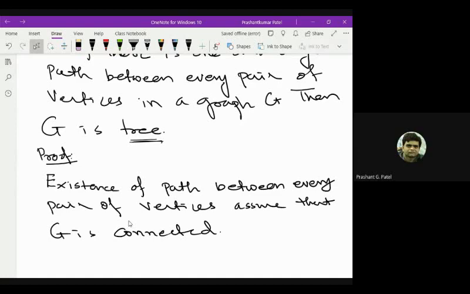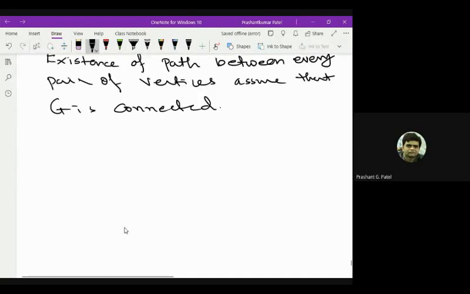So let us assume that it has a cycle. If possible, G possesses a cycle.